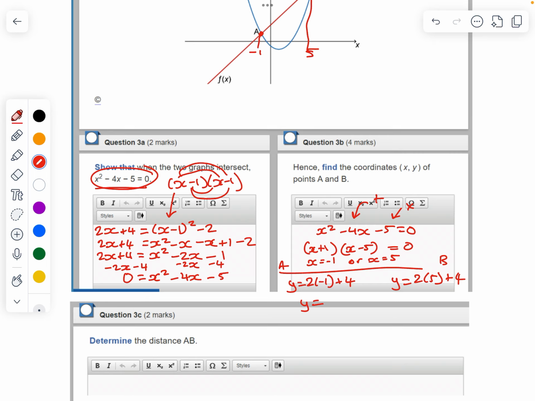So y in this one is going to be 2, and y in this one is going to be 14. And then don't forget to write them back as coordinates. Okay, so 5 and 14.